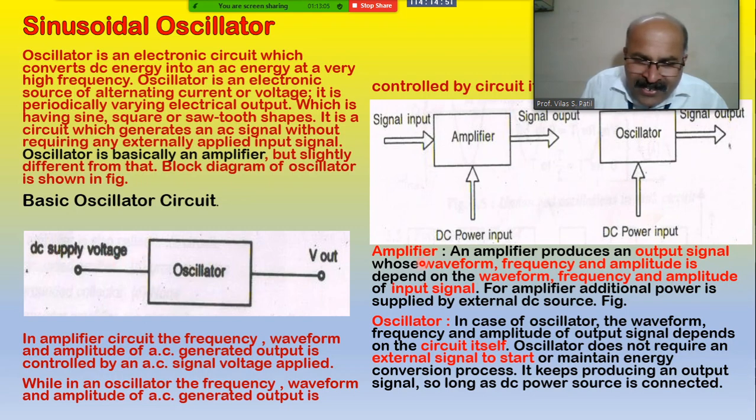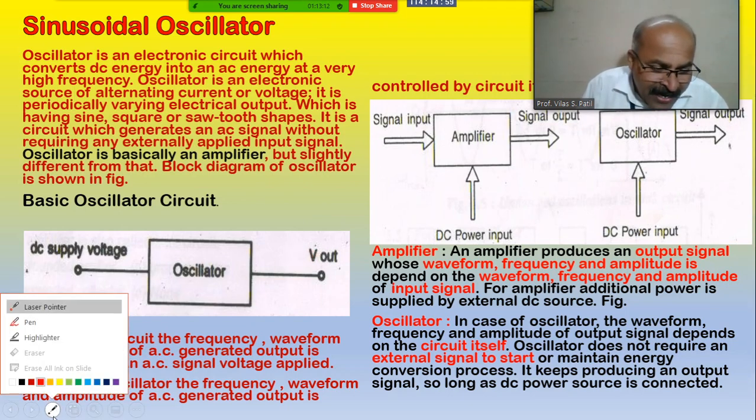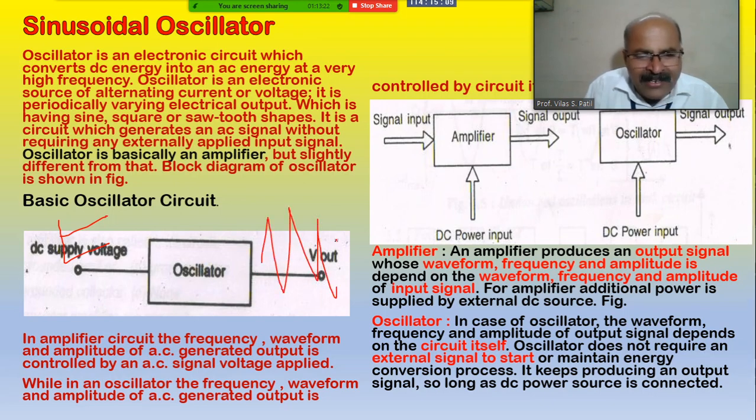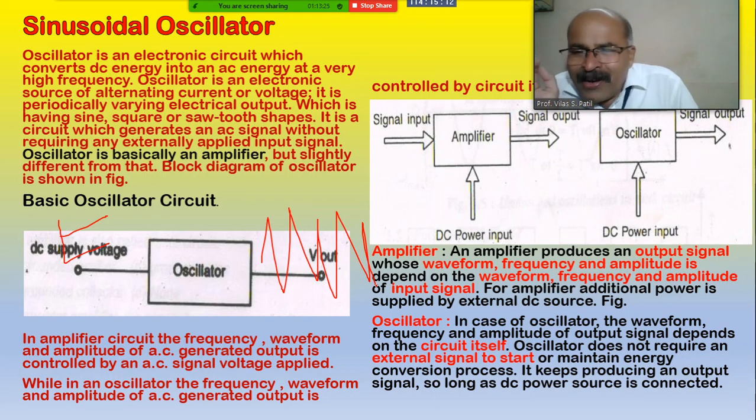Input जर DC असेल तर या ऑसिलेटरचा जो आउटपुट आहे, that is the V out आहे, that V out will be AC. इनपुट जर डीसी असेल मित्रांनो, इथं इनपुट आहे तो डीसी आहे आणि डीसी व्होल्टेज म्हणजे कॉन्स्टंट व्होल्टेज आहे बघा, आणि आउटपुट मात्र इथला मला कसा मिळतोय सांगा, एसी मिळतोय. म्हणजे काय आहे सांगा, basically the oscillator is the electronic circuit as shown in the block diagram. Its input is the DC and its output is the AC.